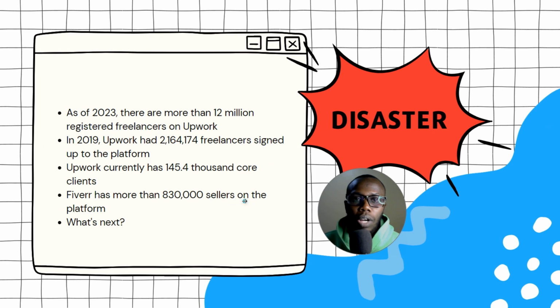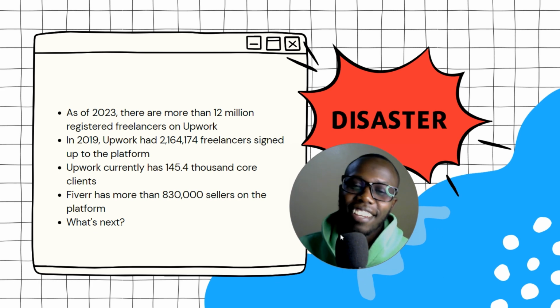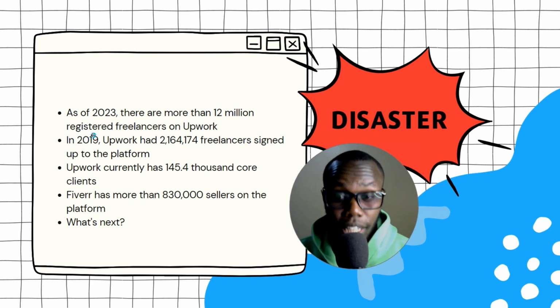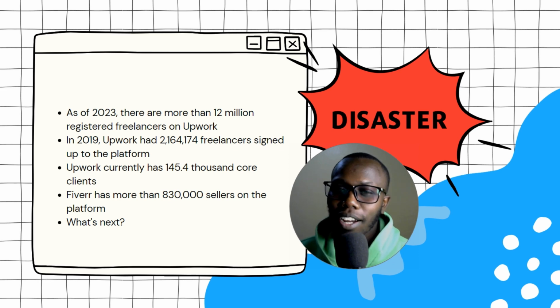There is an issue with why these freelance marketplaces are a problem if you're new here. As of 2023 there are more than 12 million registered freelancers on Upwork. That's 12 million. And remember, these are not just Kenyans or Ugandans, these are freelancers from all over the world.